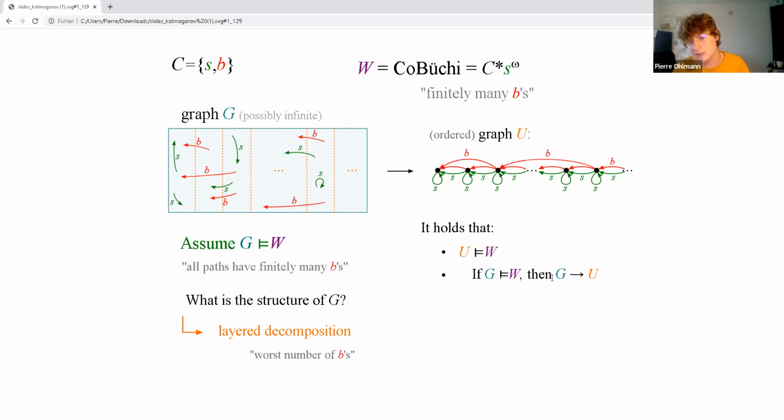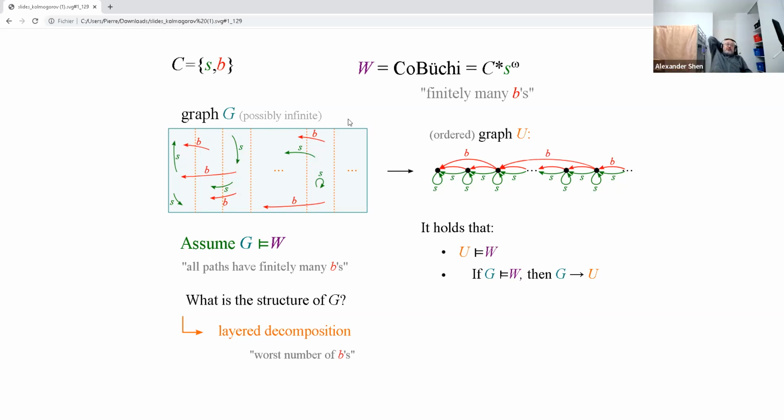This second statement is equivalent to what we said before, that graphs satisfying the objective have a layered decomposition. So what are the requirements for this mapping of G to U? It's a morphism, so it preserves the edges. Any edge in G is also an edge in U. So the bad edges have to decrease strictly. How do we do this?